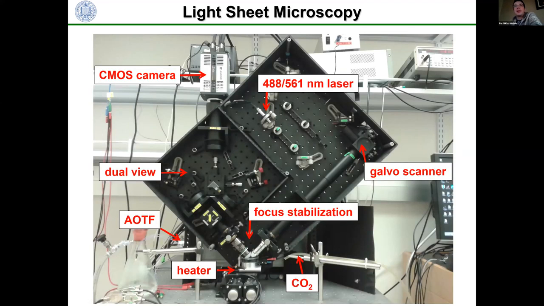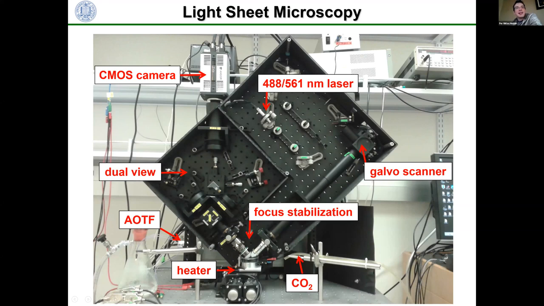So this is an example of how such an instrument could look like. You see that most of the components are assembled on this optical breadboard, which is now brought up vertically. And then down here, you see the stage that holds the sample dish, and then we have the two lenses dipping into it.